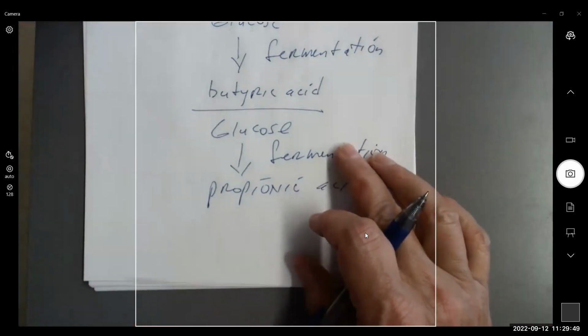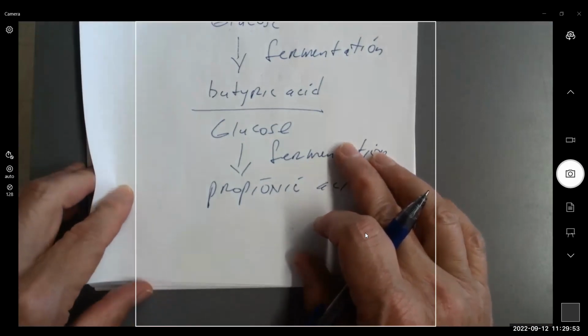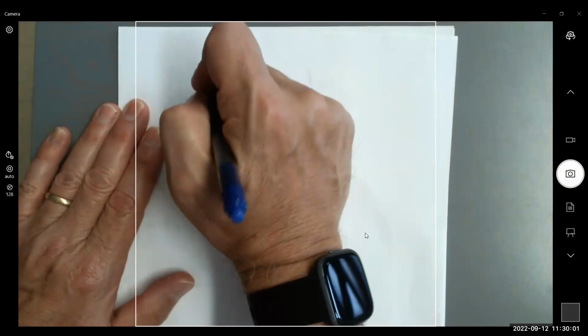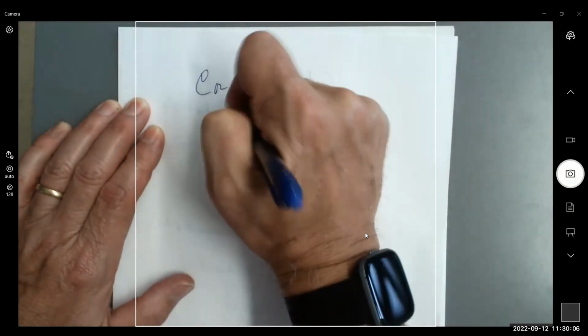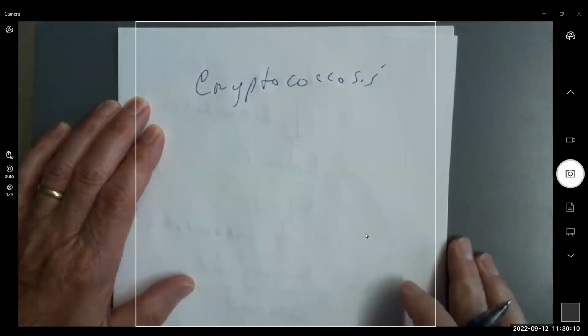Let me give you an example of how this got a very high-class lab in Boston in big trouble. When I was in graduate school, there's a disease of the central nervous system called cryptococcosis.